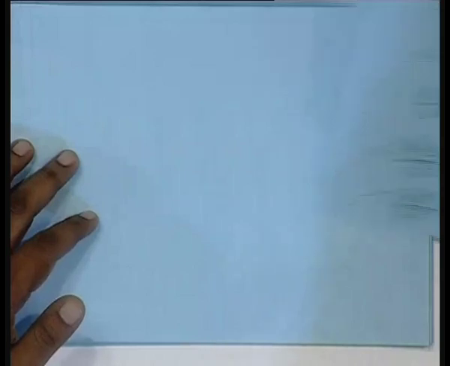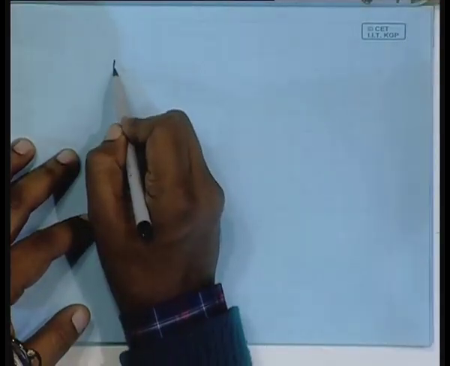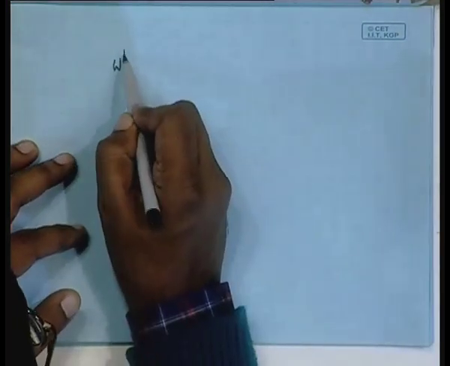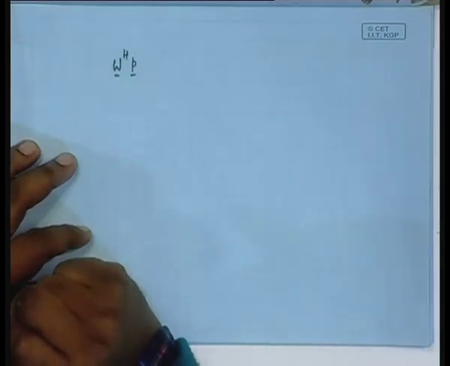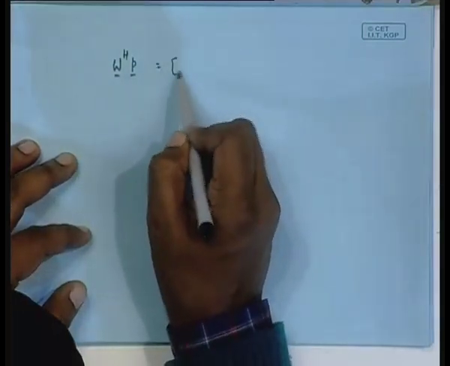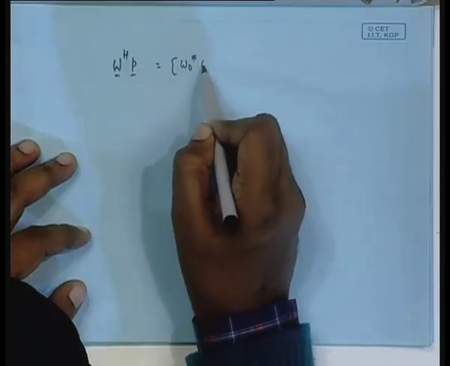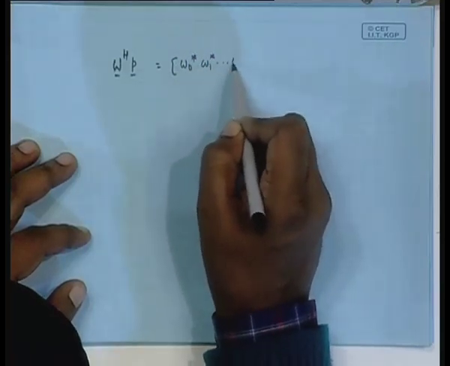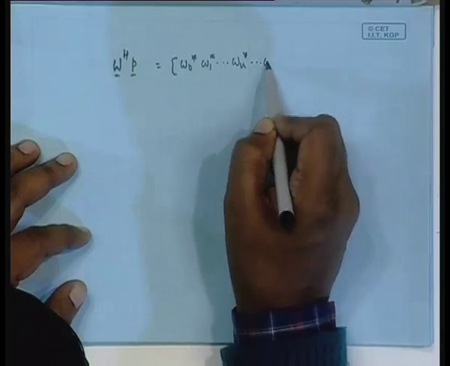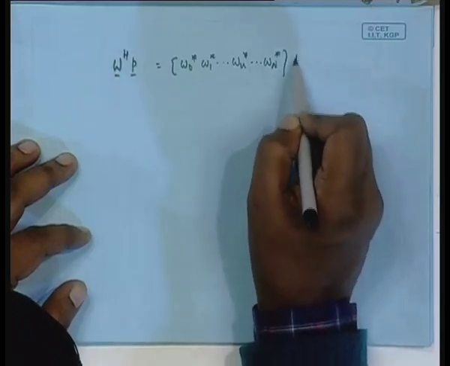These are just scalars. Now, suppose I have got some vector. So, some vector W Hermitian, some vector P. That is W0 star, W1 star, say WK star, WN star, dot P vector.